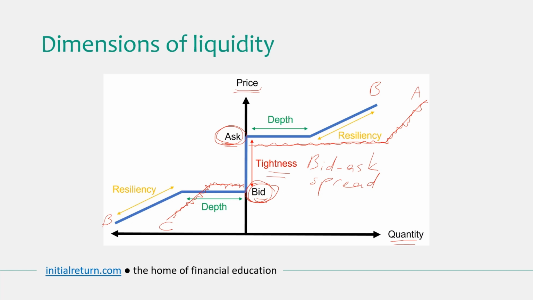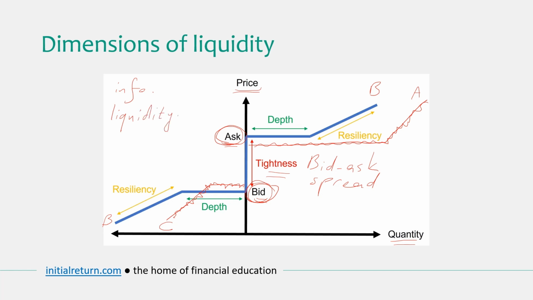And the final one I would like to talk about is resiliency. Resiliency is all about how quickly a stock recovers from random, uninformative shocks. To understand that, we have to think about why investors trade, right? Typically, we trade for two reasons. We might trade on the basis of information, or we might trade due to our liquidity needs.